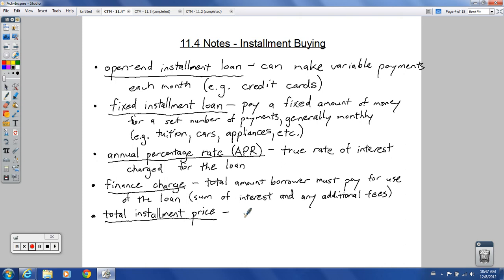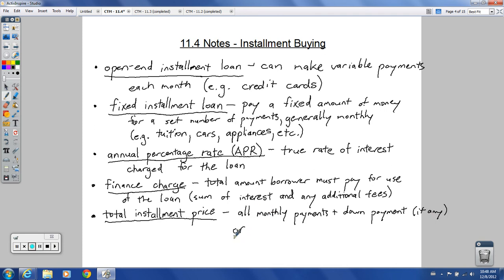That is all monthly payments plus the down payment. Sometimes you put a down payment on it, so you don't have to borrow quite so much. And I'll put down payment, if any. Sometimes you don't have a down payment, and you just have the monthly payments.